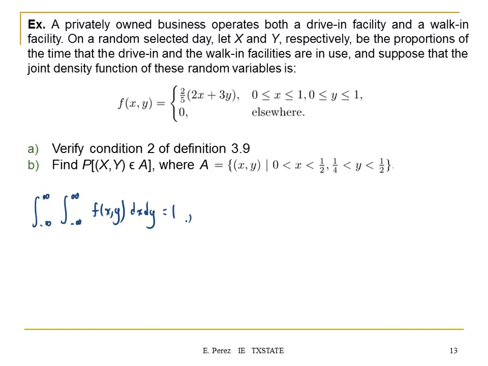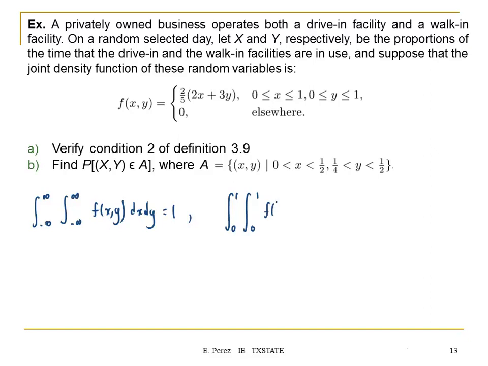So we're going to do that for this problem. The first integral will go from 0 to 1. Right? Anybody knows why? Yes, because of the range. So we go from 0 to 1 for y, then we go from 0 to 1 for x, and we look at f.